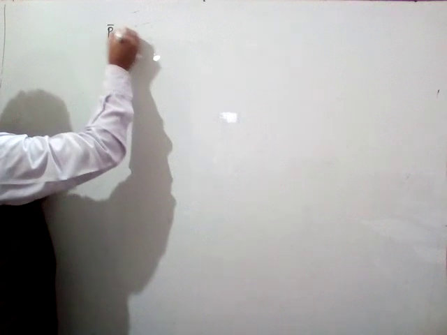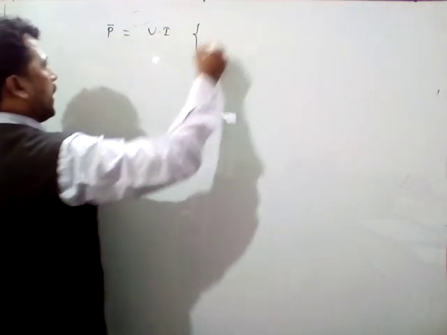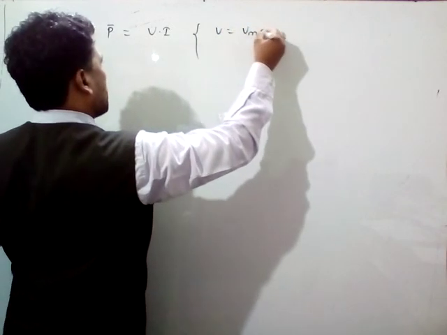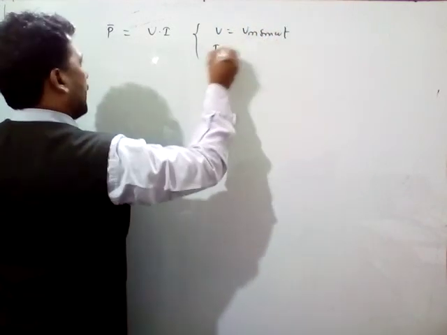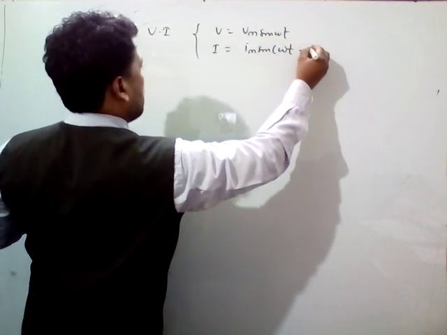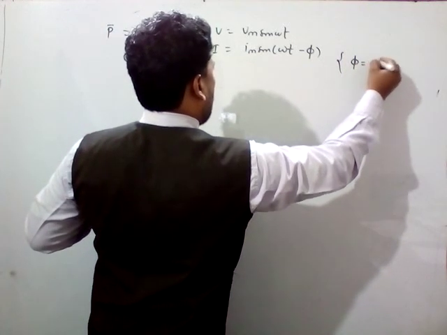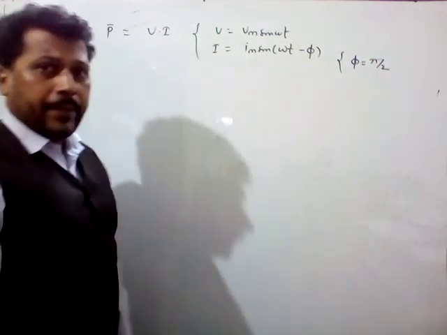its power will be, average power is equals to voltage into current, where V equals Vm sin omega t and I equals Im sin omega t minus phi. Okay, and in this case phi is equal to pi by 2.